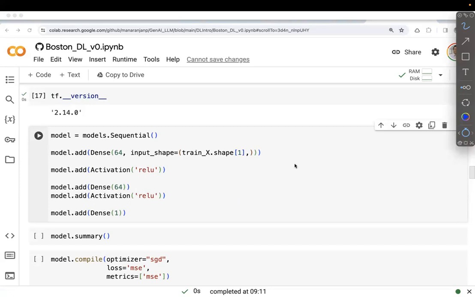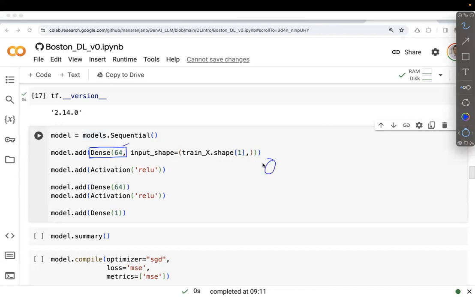The way you create a model is you use Sequential, and you keep adding layers after layers. You just say model.add Dense 64. Dense 64 means you're adding a hidden layer here.